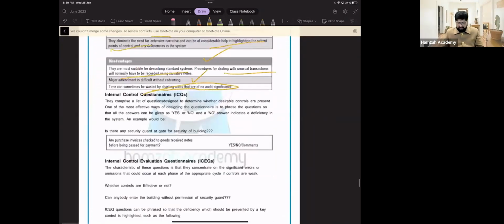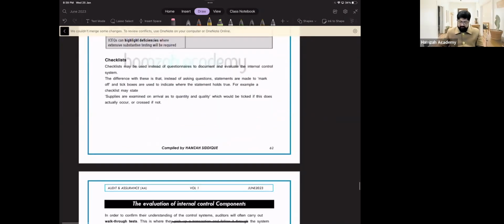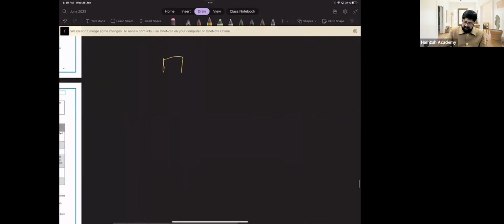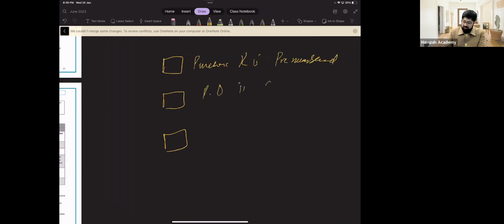Oh, sorry, checklist. What is a checklist? A checklist is like this. I say to the auditor, prepare a list. For example, purchase requisition is sequentially pre-numbered. Purchase order is authorized.